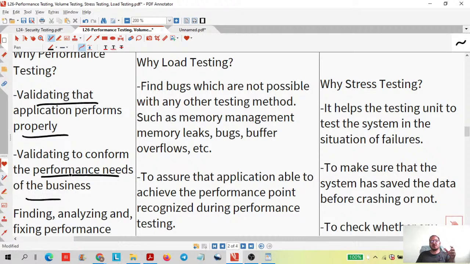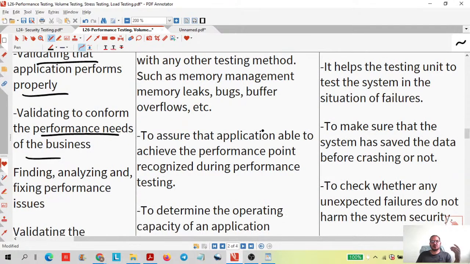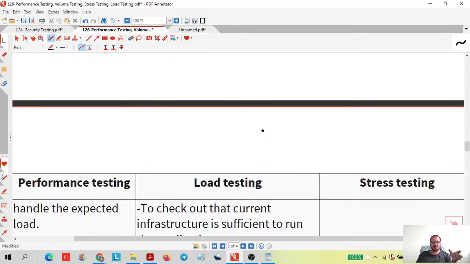Even in a normal student project, we won't think about all these; we consider them in professional projects only. But we should think about all such parameters: performance testing, load testing, stress testing, for our student projects also. We should think to improve the performance, because performance testing is very important.